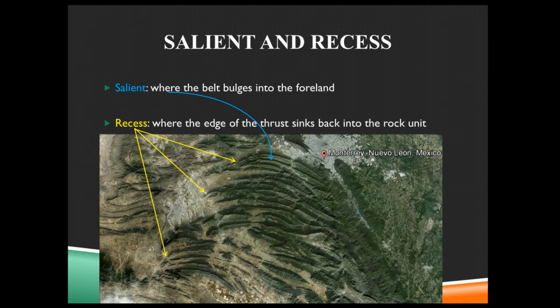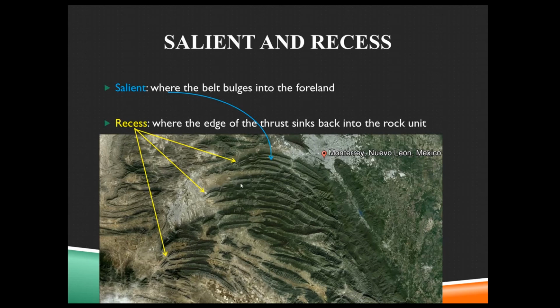Two other terms to look at are salient and recess. Salient is where the belt bulges into the foreland. So it's basically the outermost part of the curve of that bow and arrow look. In this case, the salient is right out here. This is where it's bulging out into the foreland.